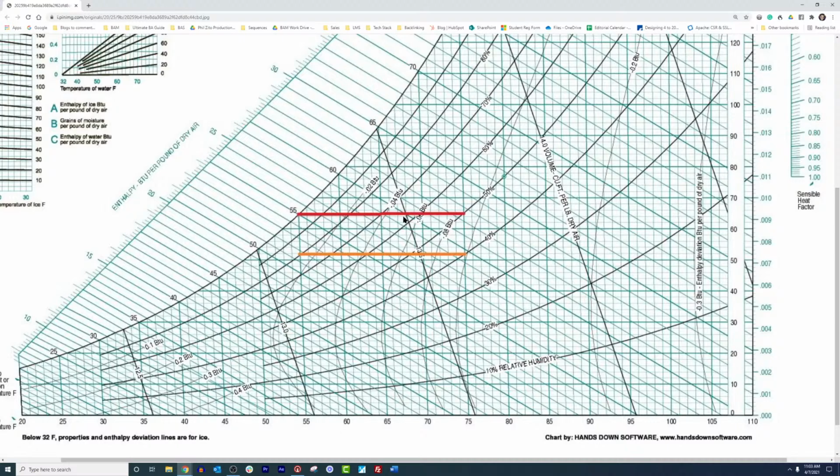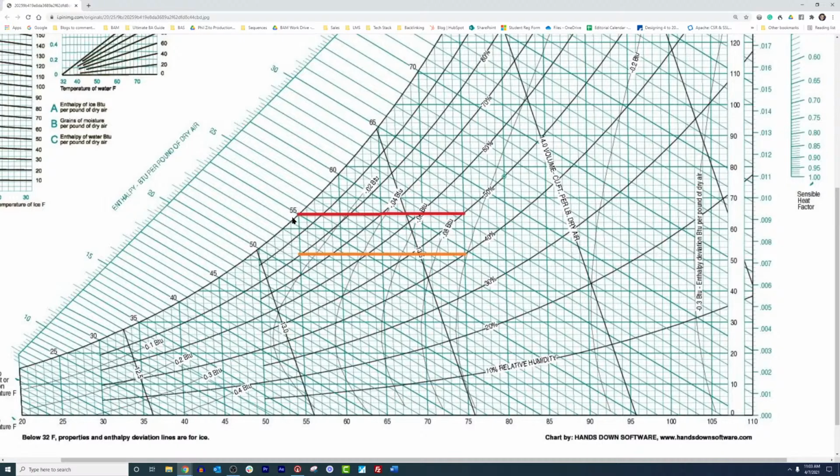So if we're trying to cool down a space, we will typically use mechanical cooling, like DX cooling or hydronic cooling, and we will cool that airstream towards dew point. And when we hit dew point, moisture can no longer be added to the air. It's at full capacity.